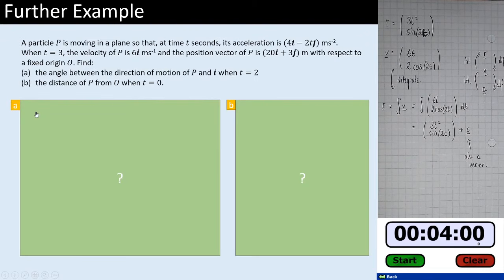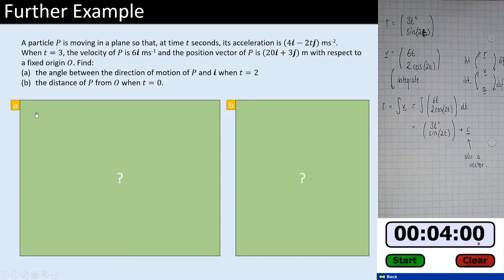So we've got some additional problems that we can have a look at. We've got a particle moving in a plane so that its acceleration is 4i take away 2tj. When t is 3, the velocity is 6i, and the position vector is 20i plus 3j, with respect to a fixed origin.